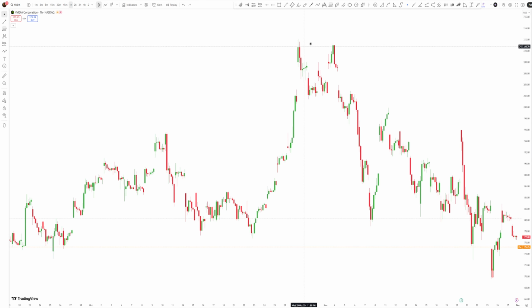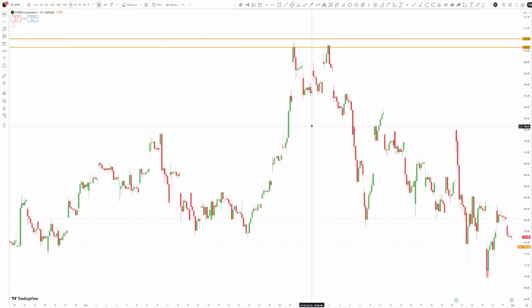Okay, here you can see we have spotted a resistance, this body and this high as a resistance, and we got here a major, okay, this does not look like a support. If you look closely, there is not a big momentum from this point of the zone.